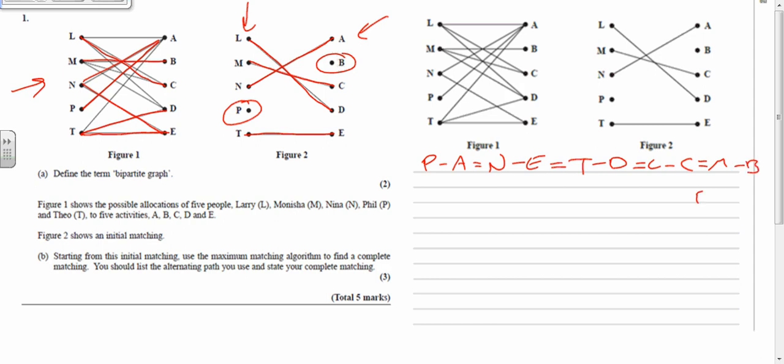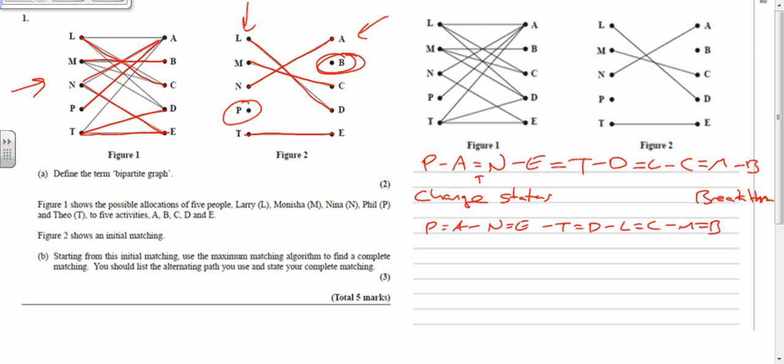And then what we do is we say the word breakthrough, because we've now got to our unmatched node on the right-hand side. And then what we do is we change the status. And by that, we change P equals A, we change this to a minus, and then N equals E, T equals D, L equals C, M equals B. And then hopefully we should have another blank one of these.